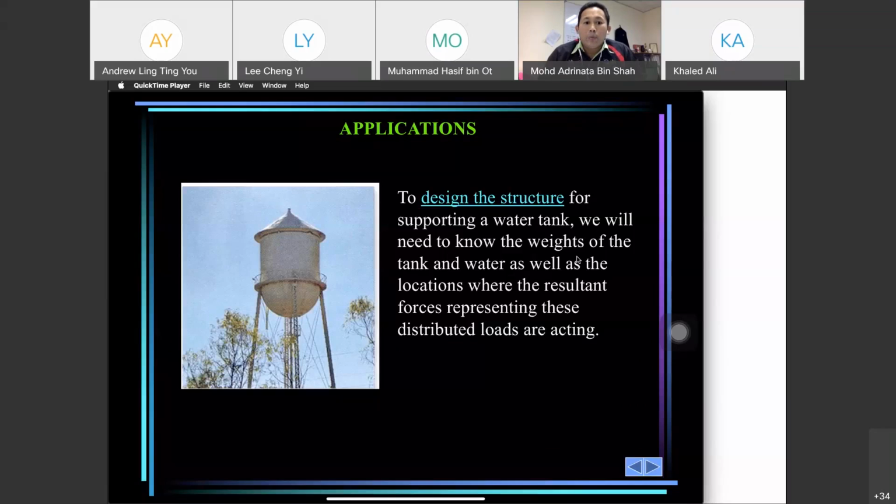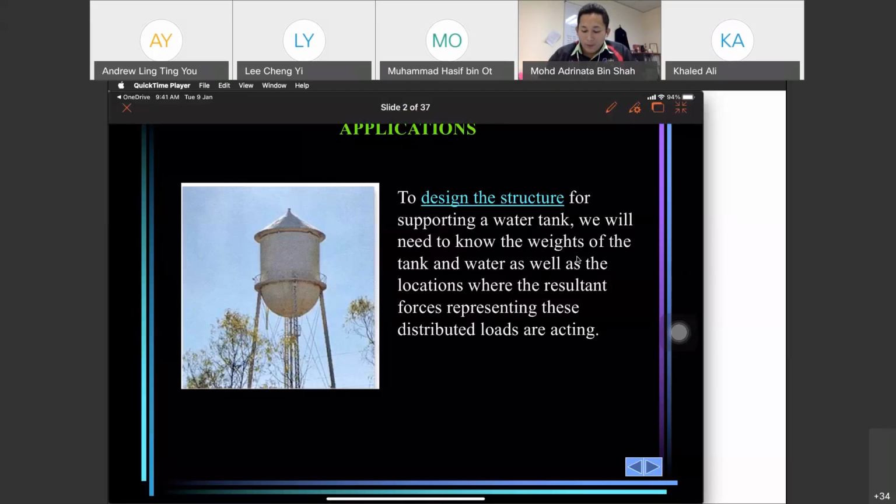We can have the exact center of gravity, and we can design the structure. So in this chapter, we will learn how to determine the center of gravity.